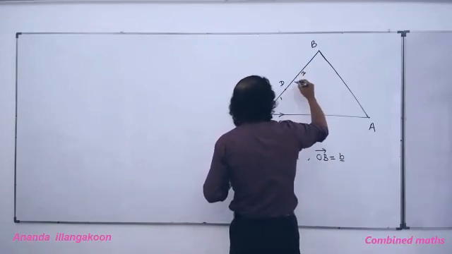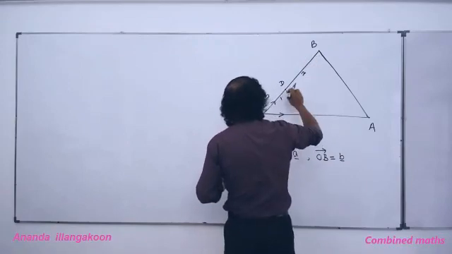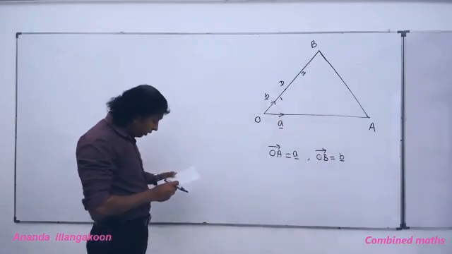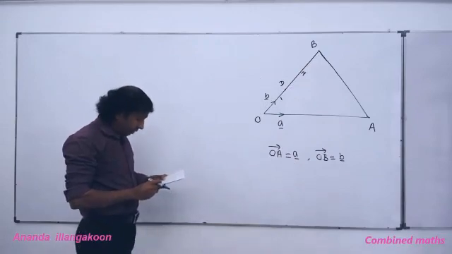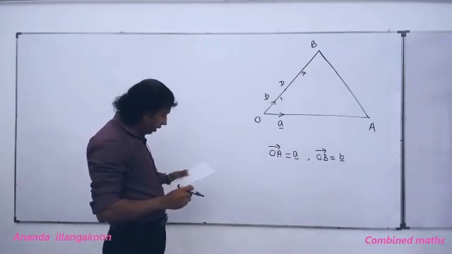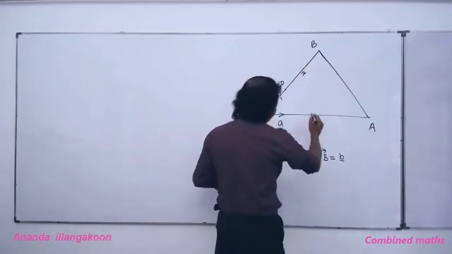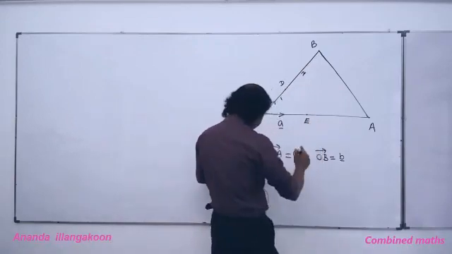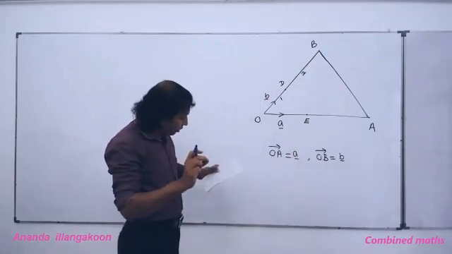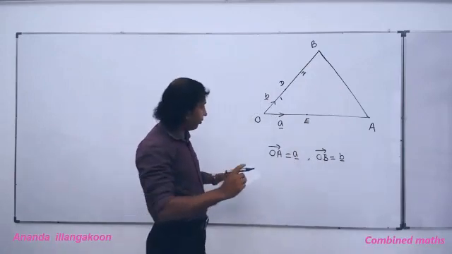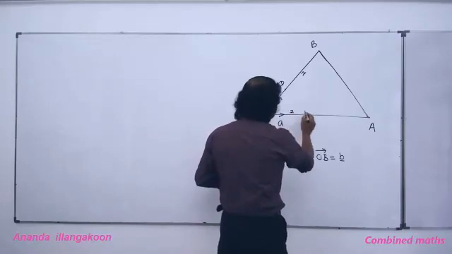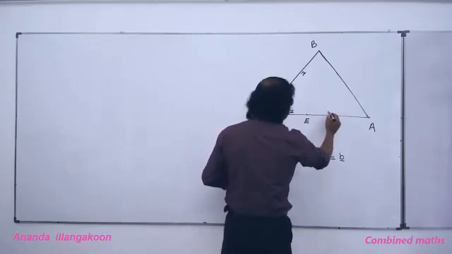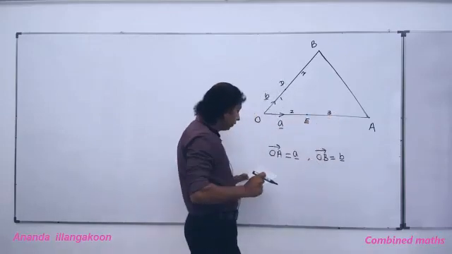DB is 2 units, OD is 1 unit. And point E is on OA. OE:EA is 2:3. E is here. When OE is 2 units, EA is 3 units. This is 2, this is 3.